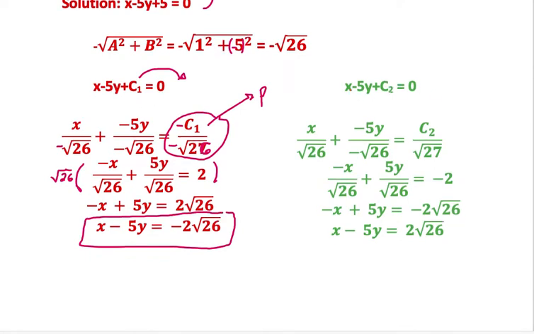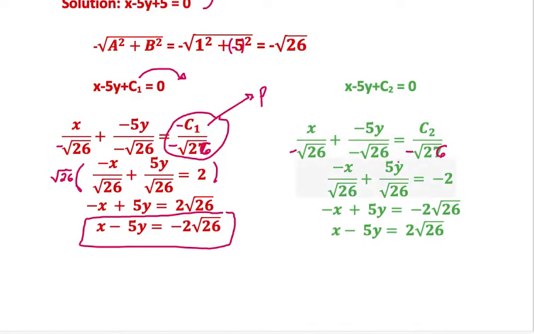So, we use equation x minus 5y plus c sub 2 equals 0. So, x over negative square root of 26 plus negative 5y over negative square root of 26 equals c sub 2 over negative square root of 26. Dapat yan.